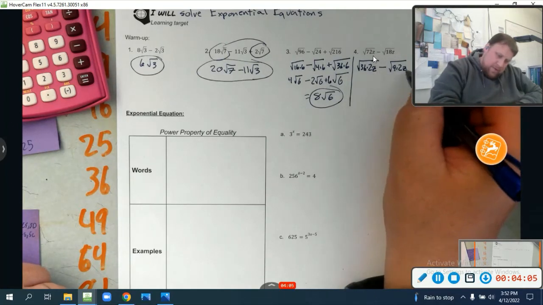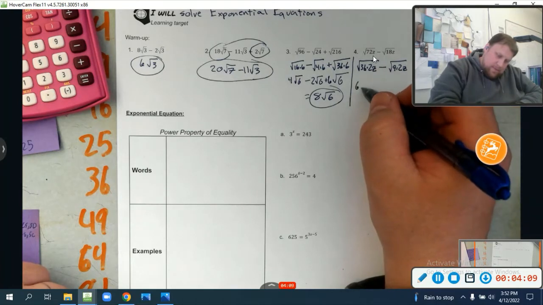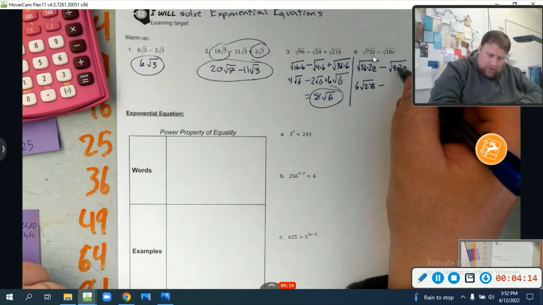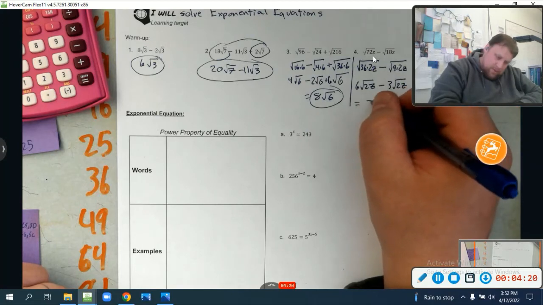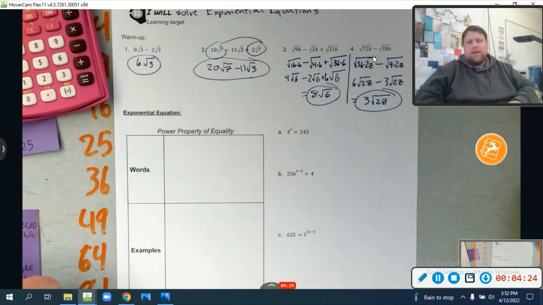Which again, notice we have the two z's. So the square root of 36 is 6, so that's going to be 6 square root 2z. Minus square root of 9 is 3 root 2z. And I can combine these. 6 minus 3 is 3, so this equals 3 square root 2z. Boosh, right there. Good stuff.